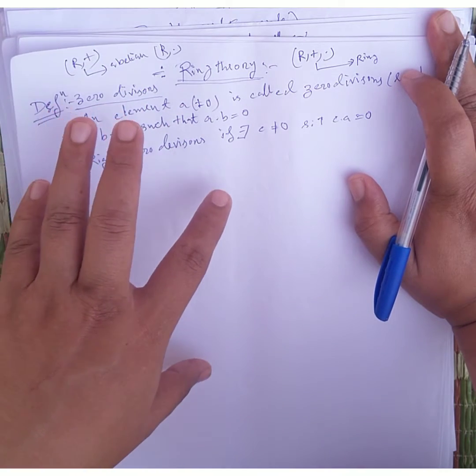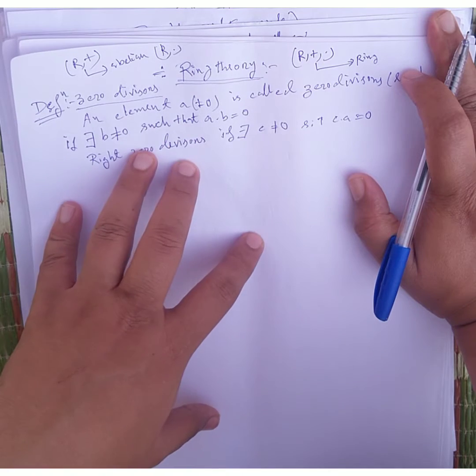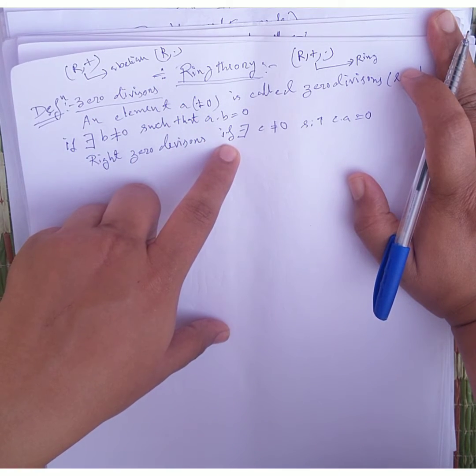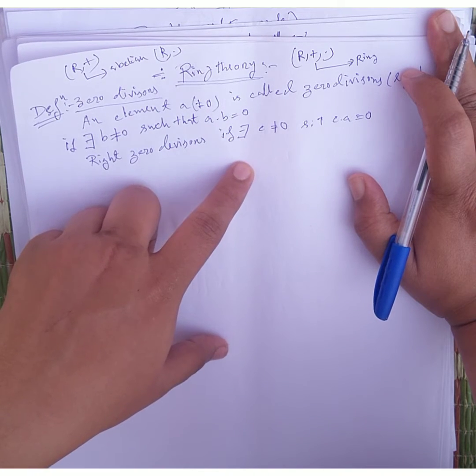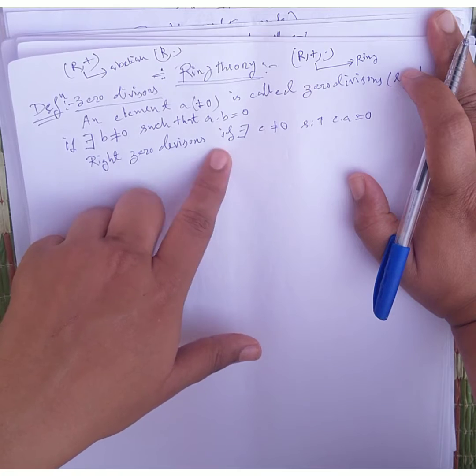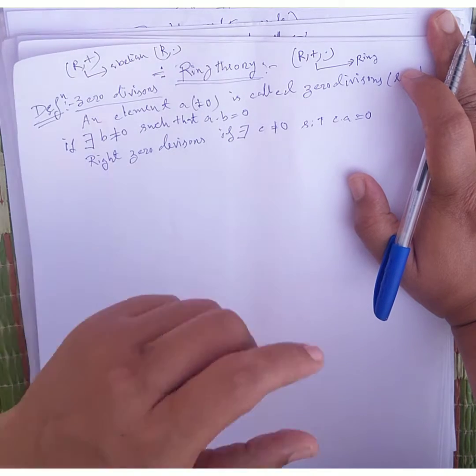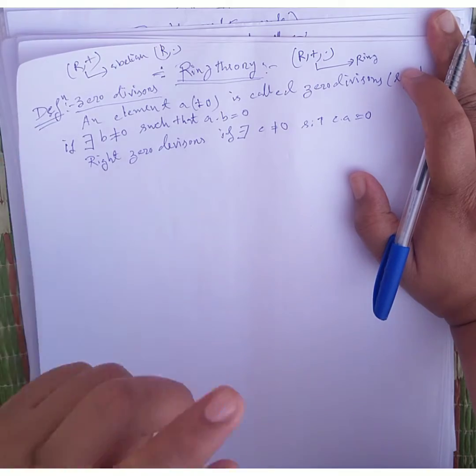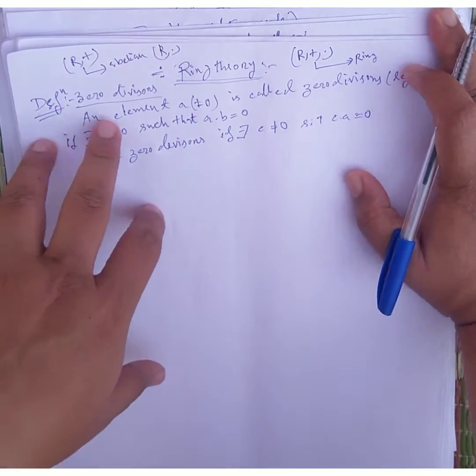Now I will discuss zero divisors, because this is very, very important. If you understand zero divisors, then you can understand ideals and you can understand integral domains, because an integral domain is related to zero divisors. So what are zero divisors?